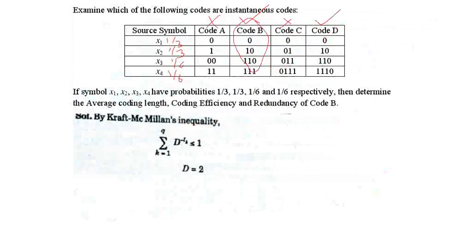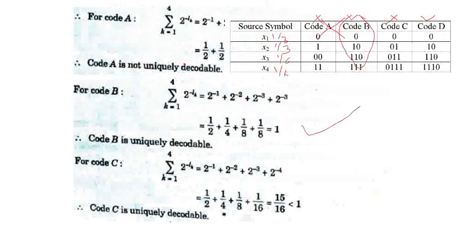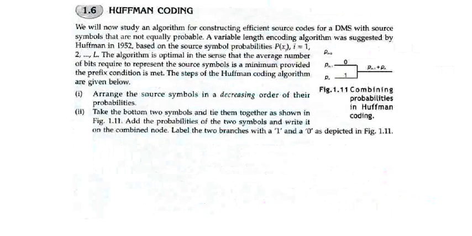By the use of source coding techniques, we can generate instantaneous codes for the given source symbols, and Huffman coding is one such source coding technique used to generate code words for the given source symbols. It is one of the efficient source coding techniques.